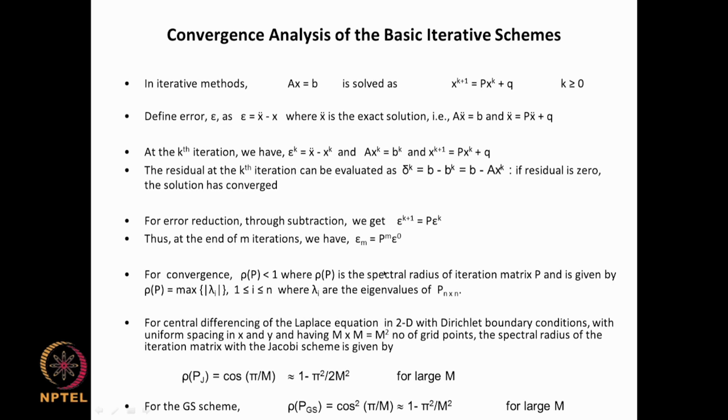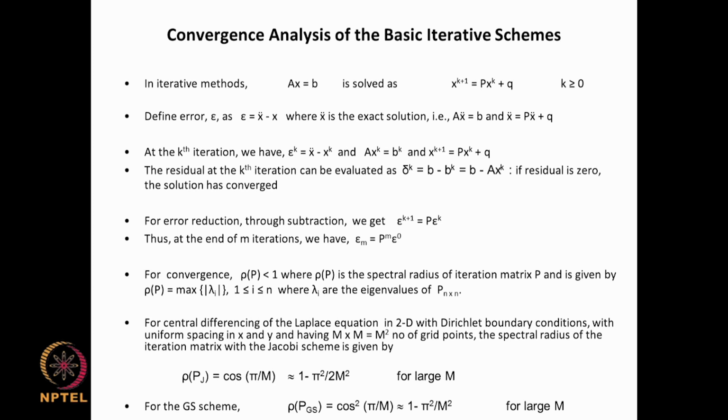Okay. So what is this magnitude of p here? It is not the norm of p or anything like that. What we are looking at is an error which is governed by its eigenvalues.